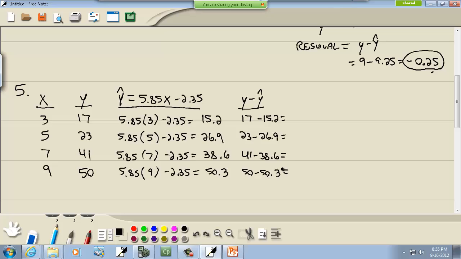I'm sure that first one's 1.8, but I mess up on decimals real easy, so let me go ahead and plug it in. 1.8. And the next one is 23 minus 26.9, negative 3.9. 41 minus 38.6, 2.4. And 50 minus 50.3 gives us negative 0.3.